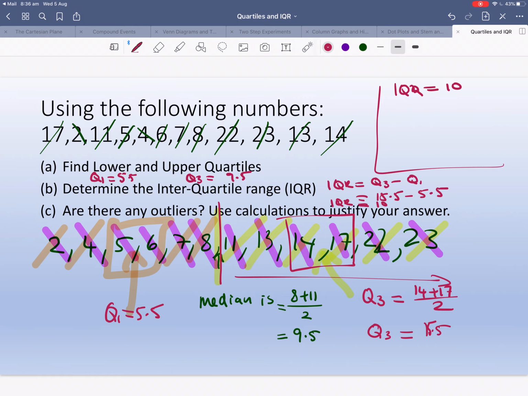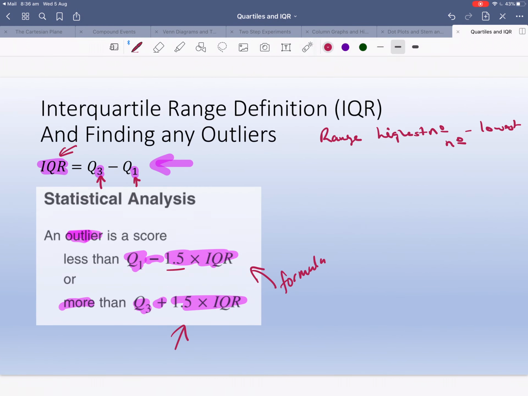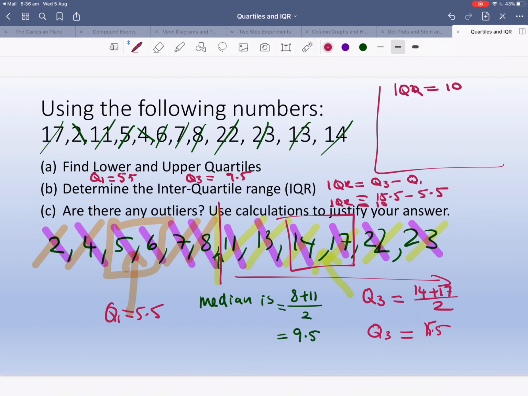Now, if we look at our formula, I need to multiply it by 1.5. So 10 times 1.5 equals, so put that in your calculator. So go 10 times 1.5, and you should get, some of you have already done in your head, 15, okay?